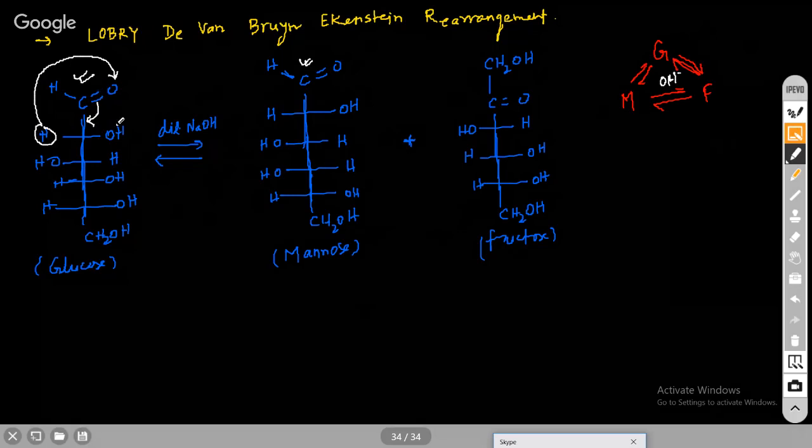Correct? Now suppose this is 1, 2, and 3. And you imagine double bond here and single bond OH here. Fine. Now what happens in this? Again, if this double bond comes over here and this hydrogen attaches onto this carbon, then what do we get here?